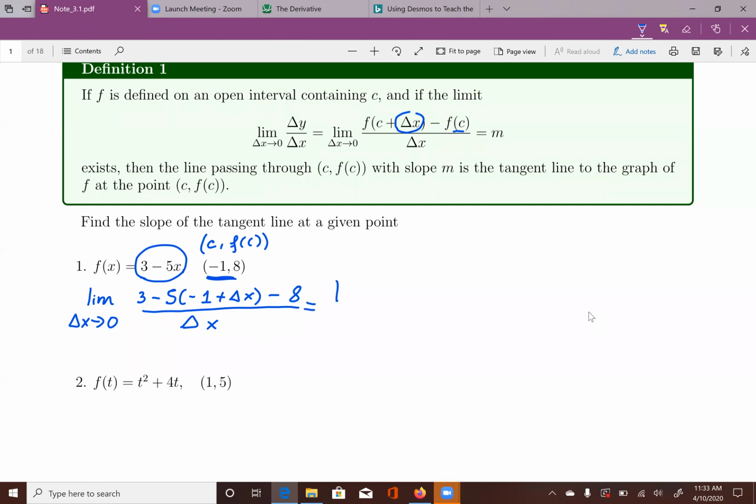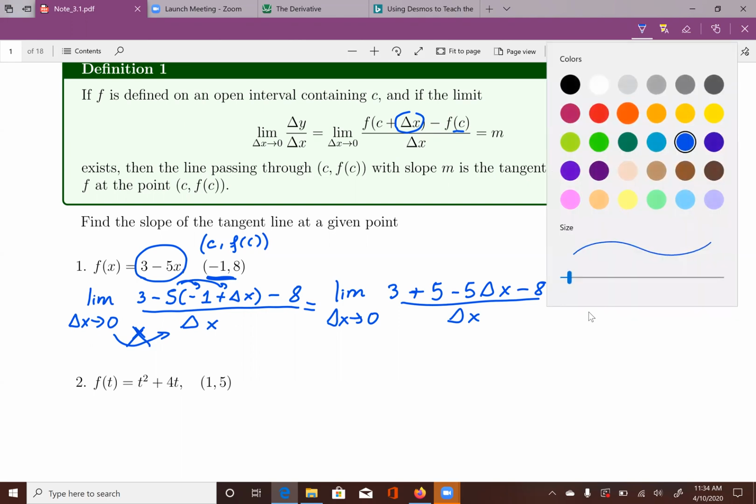At this point, it turns into a limit problem where you cannot plug 0 into delta x just yet, right? You cannot do that. So you have to use algebra to find this limit. The first thing that came to my mind is to simplify the numerator by distributing this in here. -5 times -1 is +5, and then minus 5 delta x, minus 8, divided by delta x.